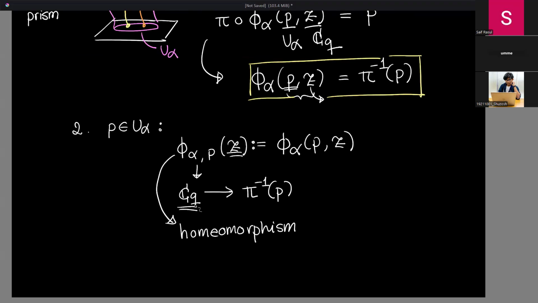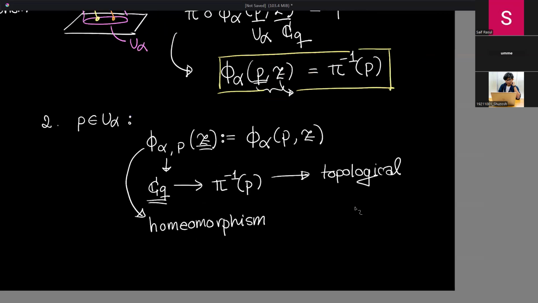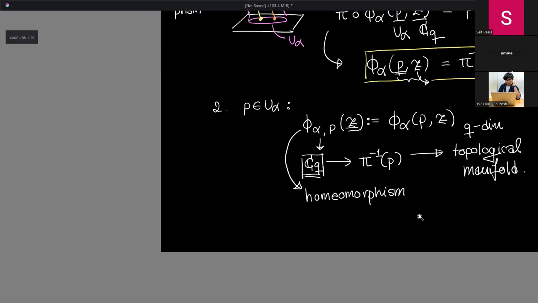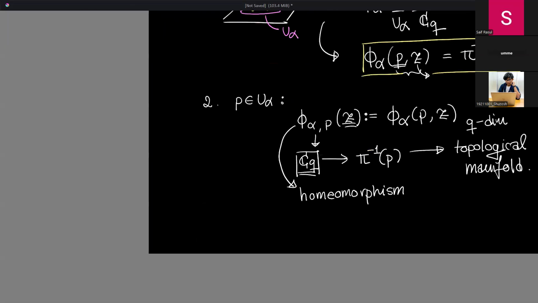That means that the fiber is a topological manifold, because a topological manifold is at least locally Euclidean, so locally homeomorphic to Euclidean space. But this is Euclidean space. It's q-dimensional Euclidean space. So this is a q-dimensional topological manifold. Okay, that's what the second one tells us.